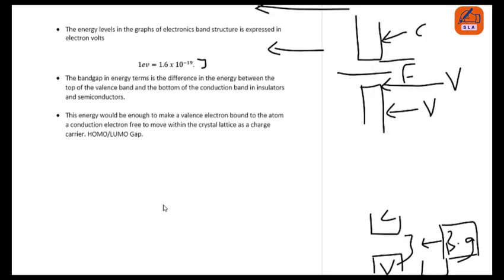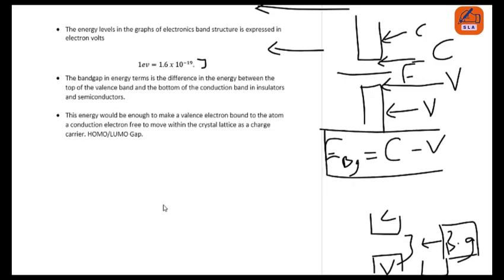Tuchukue na the most bottom part of the conduction, chini kabisa, energy ya chini kabisa ya conduction, tuiite C, okay. Tukitaka kupata energy of the band gap, itakuwa ni sawa sawa na C minus V. This is pretty simple, okay.